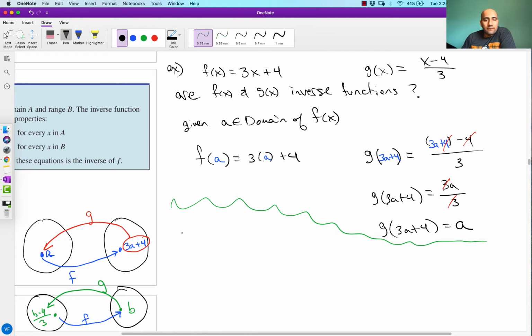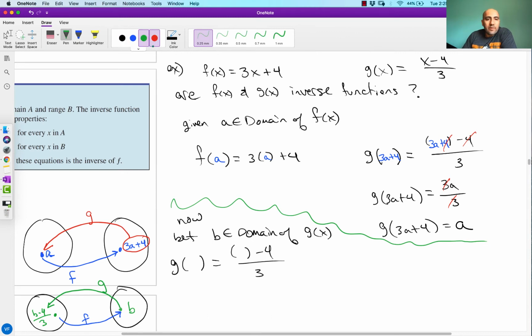So now I'm going to let b be some member in the domain of g of x. Then g of b is going to be equal to b minus 4 over 3. There's nothing special there, it's just a b and a b.